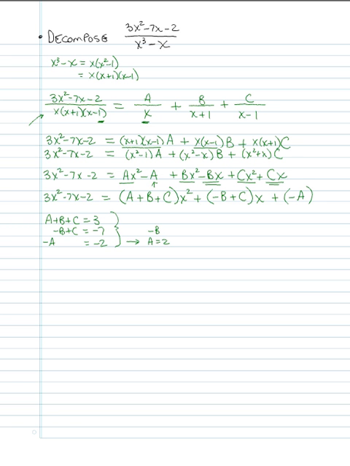Now, I haven't changed anything in that second equation, but if I know a is 2, the very first equation would be 2 plus b plus c is equal to 3. And we already know a, don't we? This would turn into b plus c is equal to 1, wouldn't we, when we subtract 2 on both sides. And we also have negative b plus c is equal to negative 7.